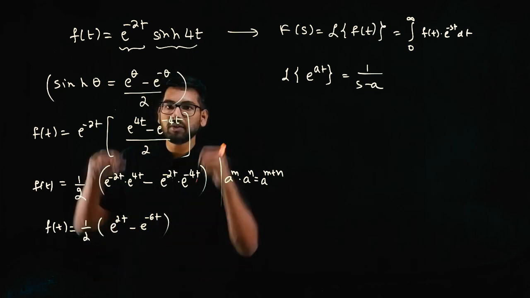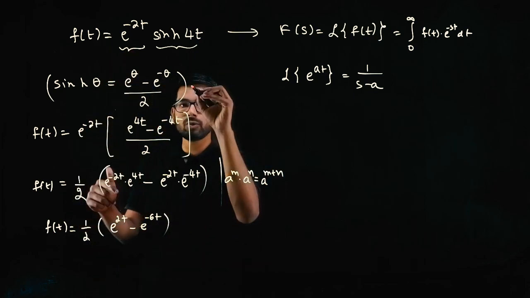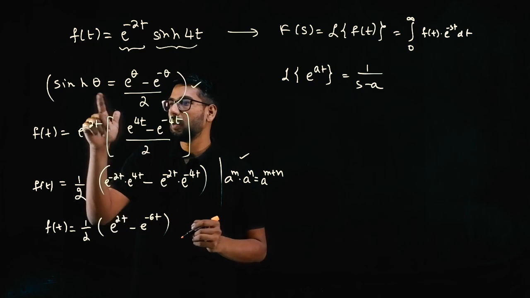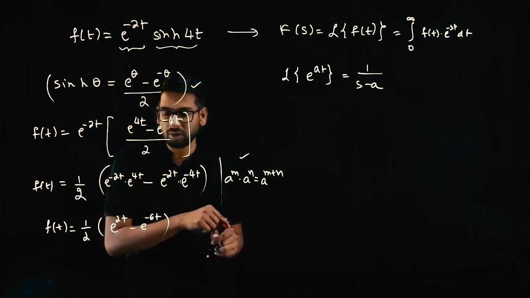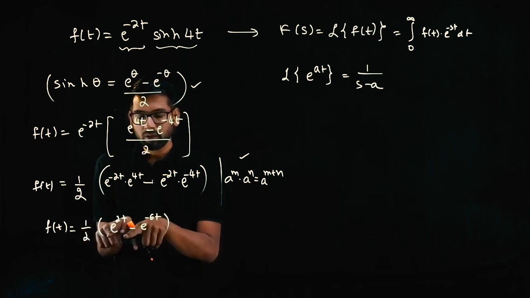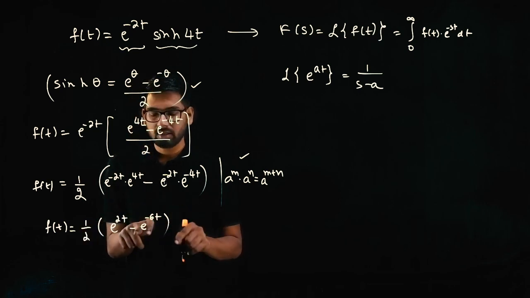So the given function is simplified using just 2 formulas: one is sine hyperbolic theta equals e power theta minus e power minus theta by 2, and the other is the law of exponents. It is just 2 exponential terms subtracted.